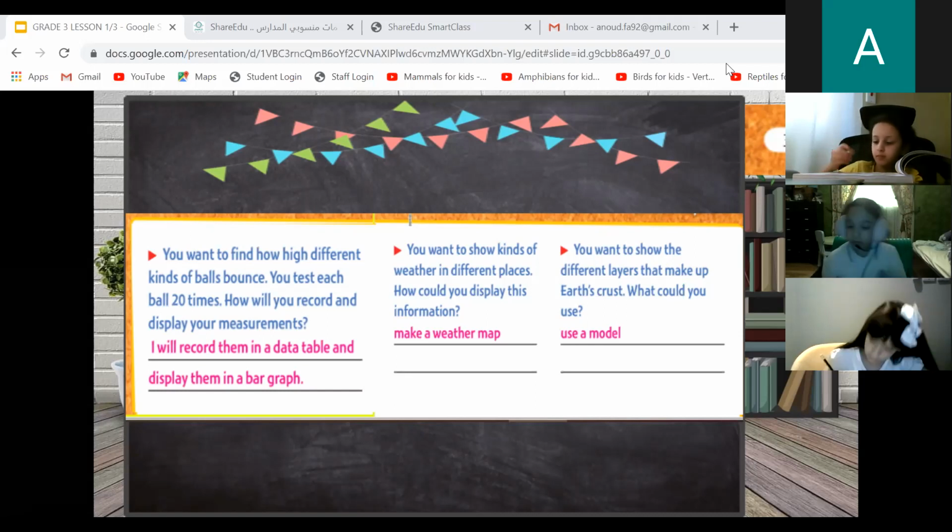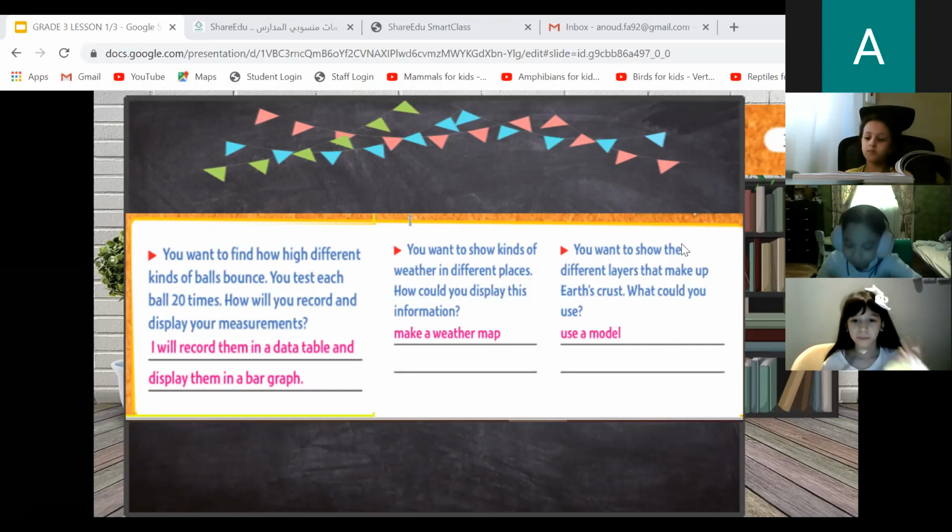And if you want to show the different layers that make up Earth's crust, remember, oh, we didn't do it together. I did it with grade 3 last year. Okay, what could you use? We could use a model. Now, see girls, Earth's crust or Earth layers are many, okay?